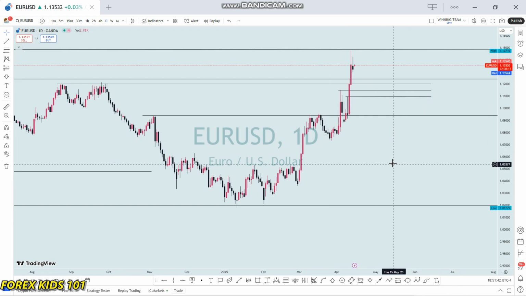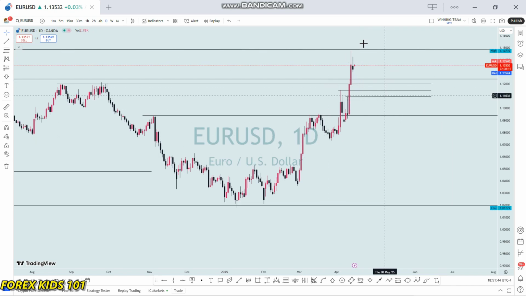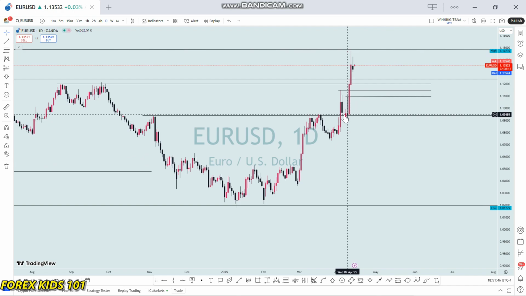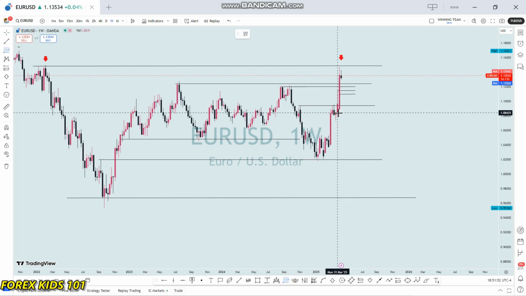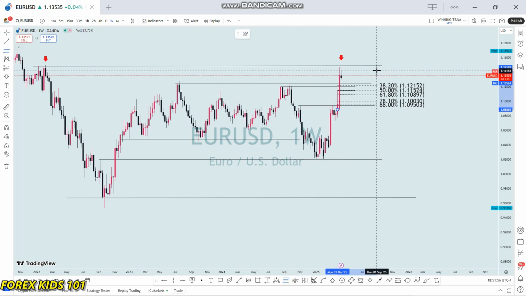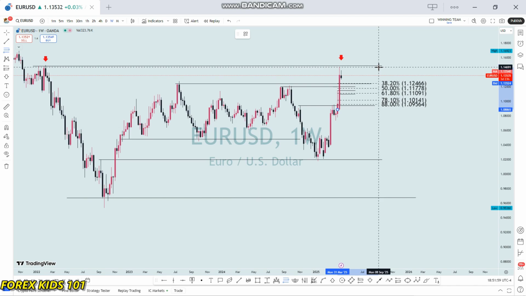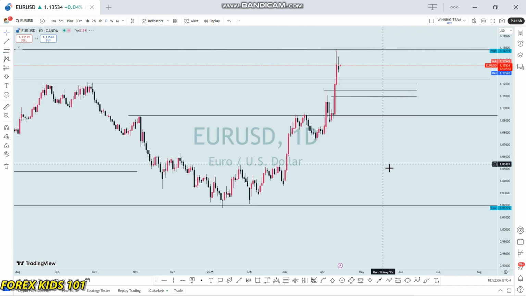Next, I'm gonna take my Fibonacci and look at the low of this previous week. I should have done it on the weekly time frame. I'll draw it from the low all the way to the high of the week, and then go back to the daily.